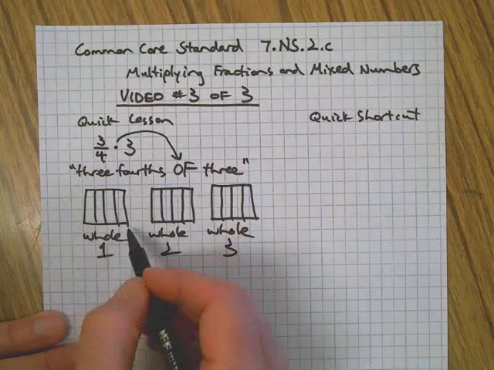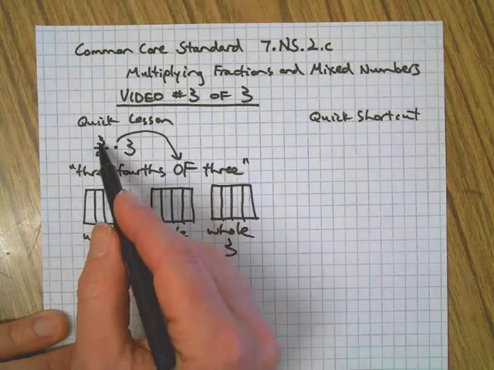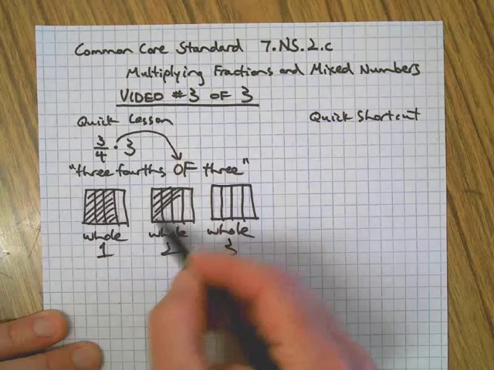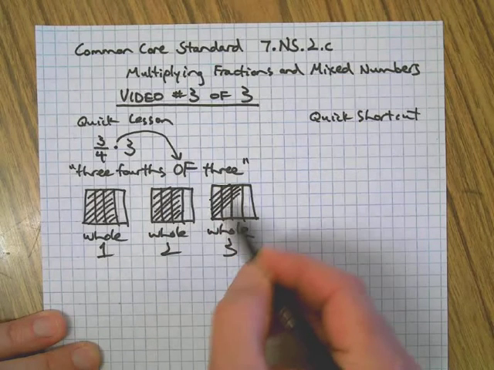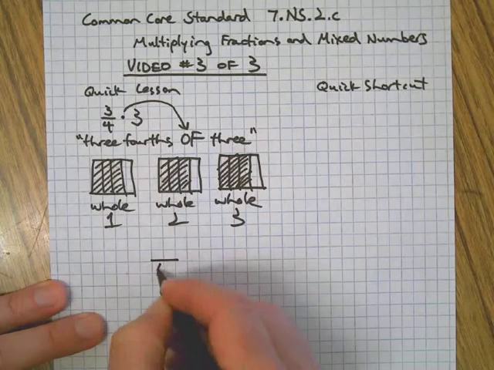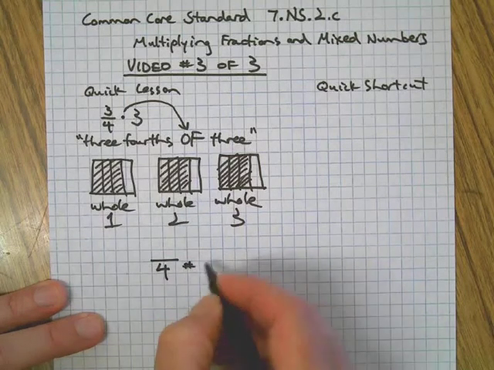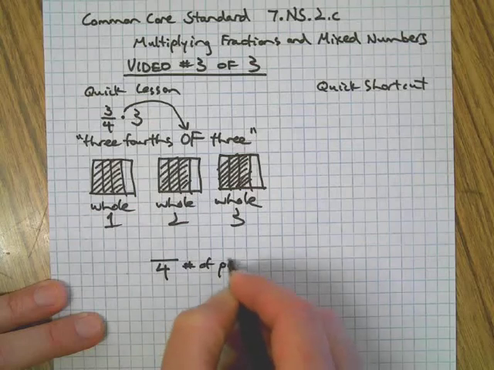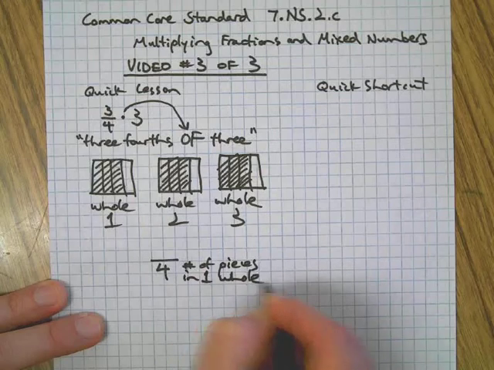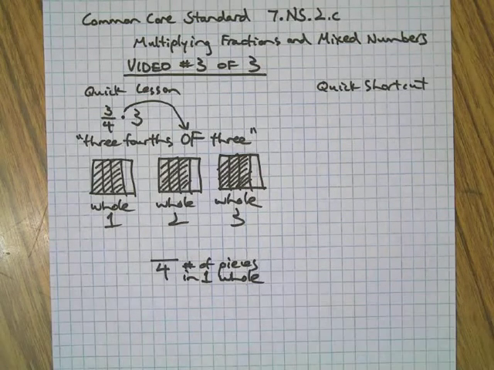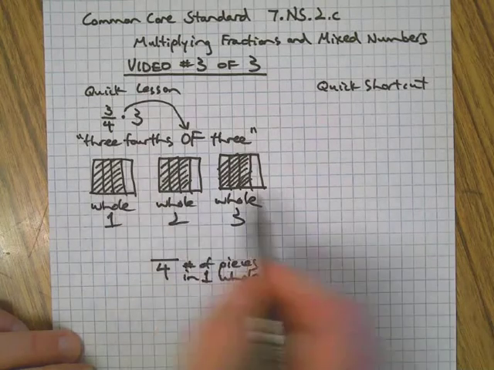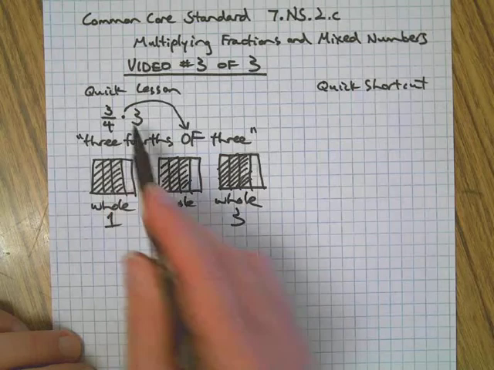Well, if I split each whole thing into 4 pieces, I can just take 3 out of 4 of each one, and I'll get the answer, which is the denominator, number of pieces in one whole thing, and excuse me, the numerator will be the number of pieces shaded in, or the fraction of each.